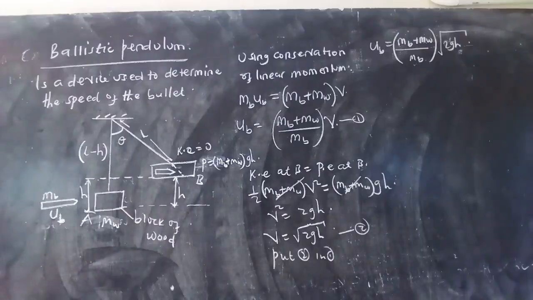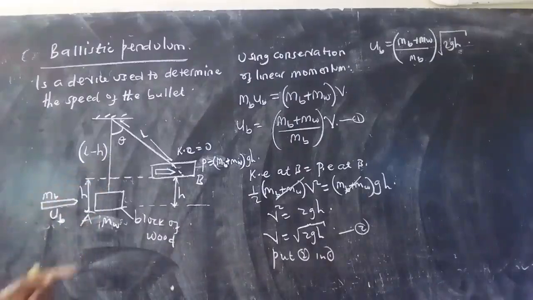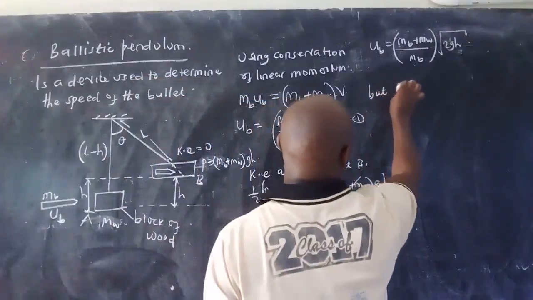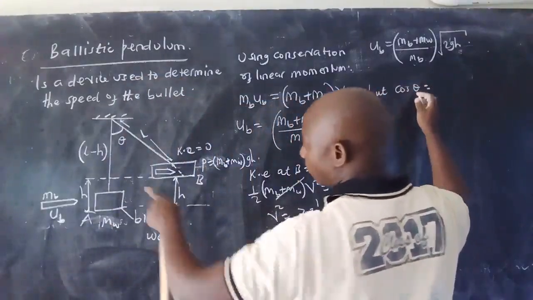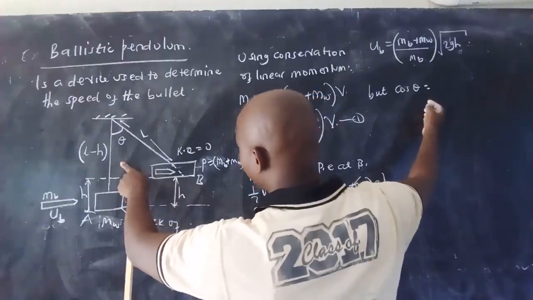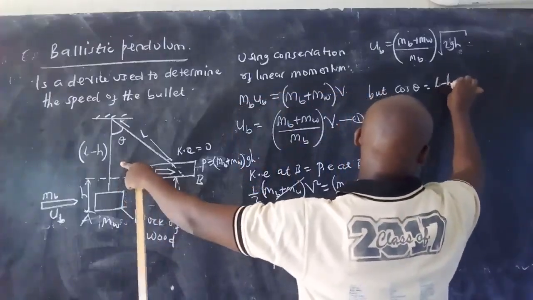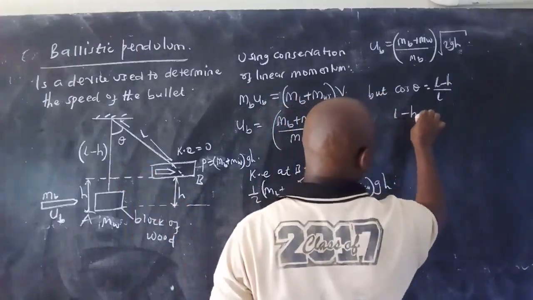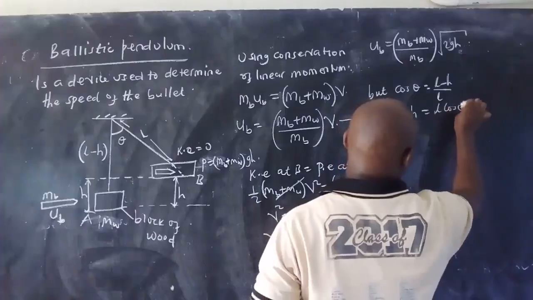But now let us look for H. From here, cos of theta will become the adjacent, that is L minus H, over the hypotenuse, which is L. So L minus H is equal to L cos theta.